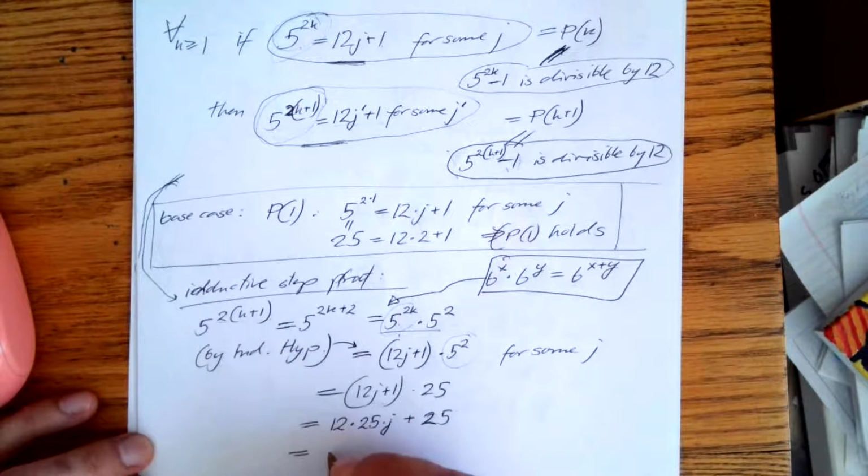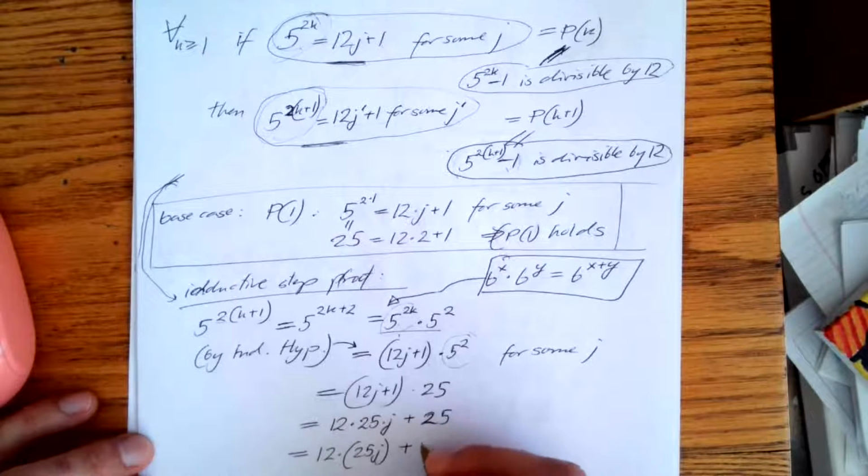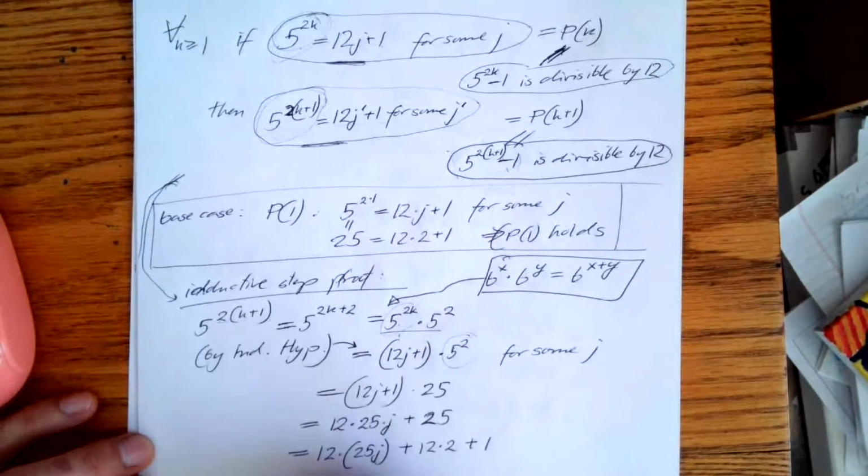So this is the same as 12 times 25j plus 12 times 2 plus 1. So this is the same as 12 times 25j plus 2, plus 1.